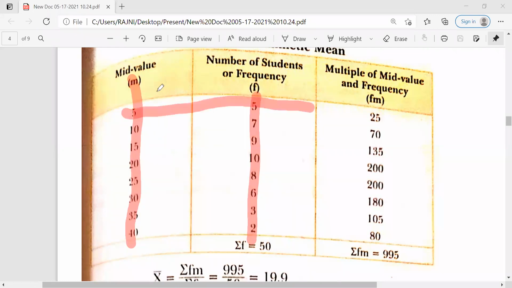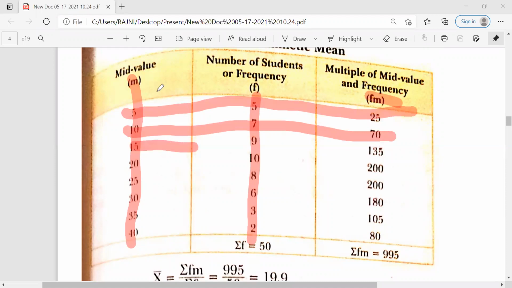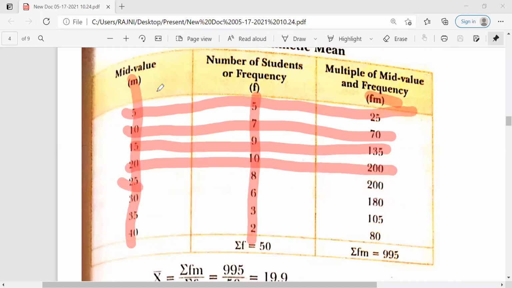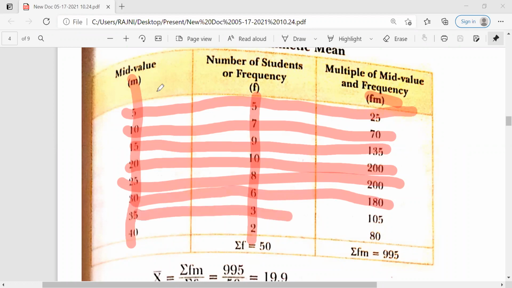So firstly, we will multiply f with m. 5 into 5 is 25, 10 into 7 is 70, 9 into 15, 20 into 10, 25 into 8, 30 into 6, 35 into 3 and 40 into 2. After that, what is the sum of fm?